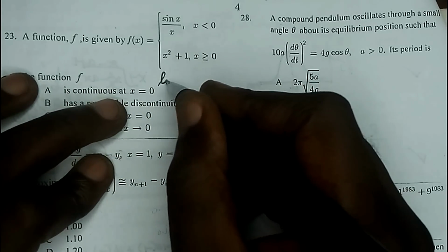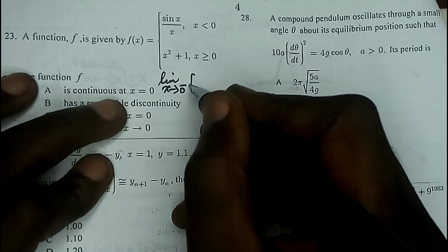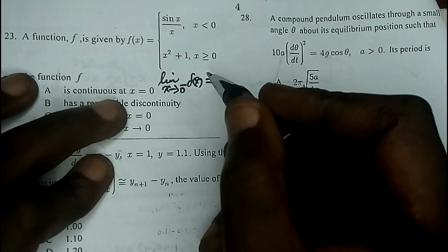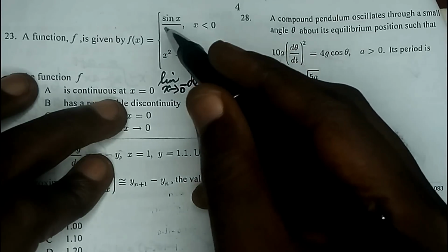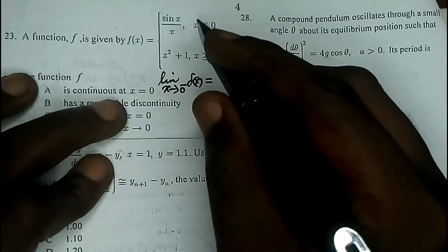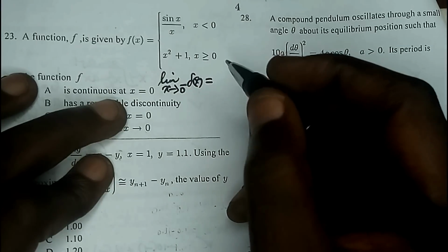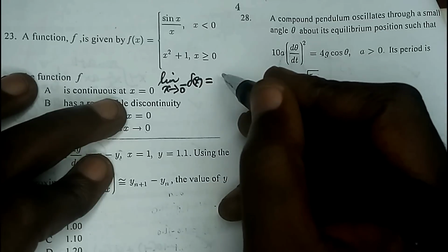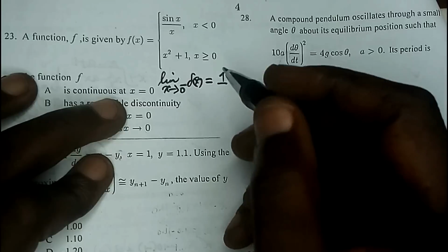The first thing is that the limit as x tends to 0 from below of f of x should exist. And that limit is obtained simply by substituting 0 in the upper function there. Substitution leads to an indeterminate form, as sine 0 is 0, over 0. So I use L'Hopital's rule there. Sine x differentiated gives cos x, and so cos 0 is 1, all over 1, of course, gives 1.